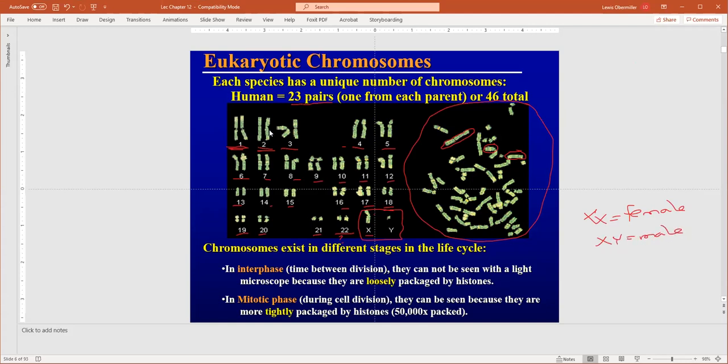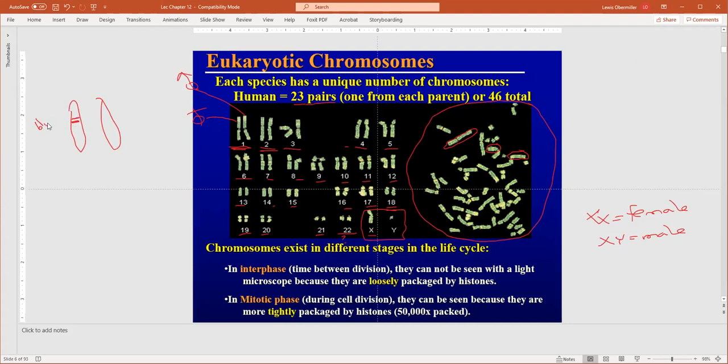We should have 2 chromosomes for each, so we should have one number 1 that we got from mom, and one number 1 that we got from dad. On here, maybe there's a gene for eye color, and the one you got from mom makes a blue pigment, and the one you got from dad makes a brown pigment.